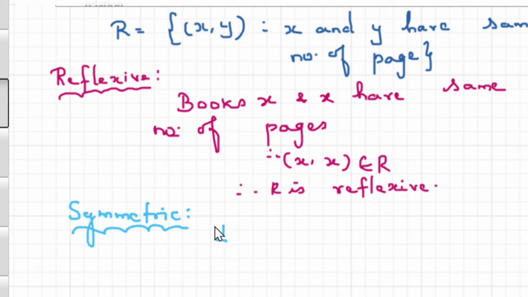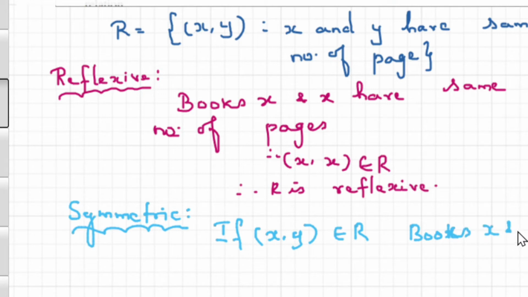Here, if (x, y) belongs to R, the books x and y have the same number of pages.